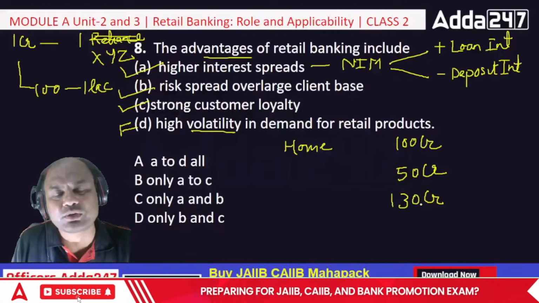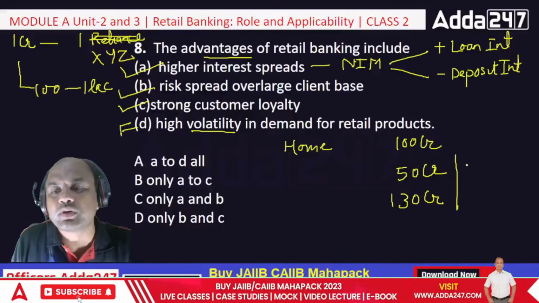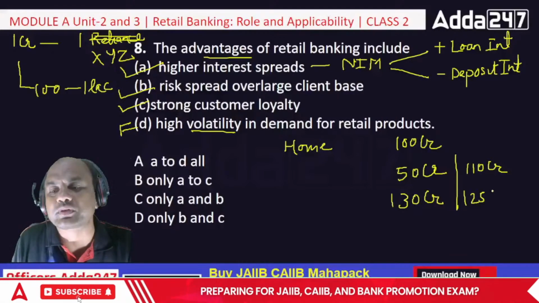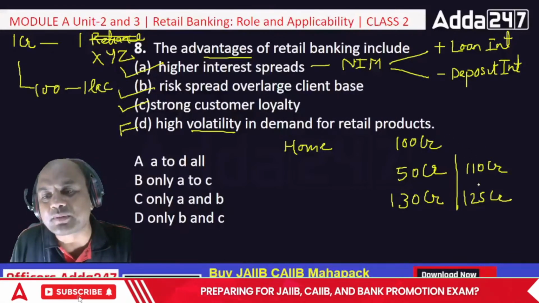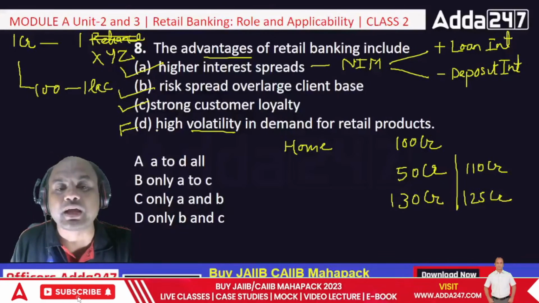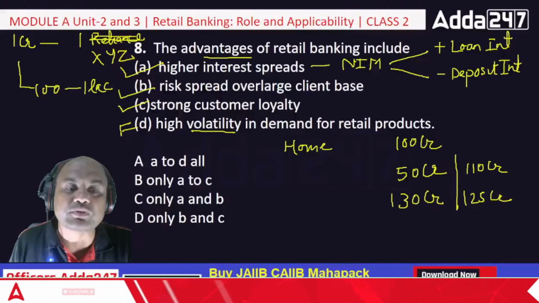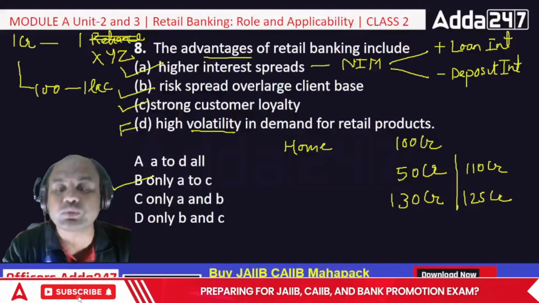Does it happen like this? No. It's like 100 growing to 110, roughly a 10% rise, then roughly 121 or 125 crores. So this is the stable growth in retail banking. That's why high volatility in demand for retail products is false. So the answer is B, A to C only.